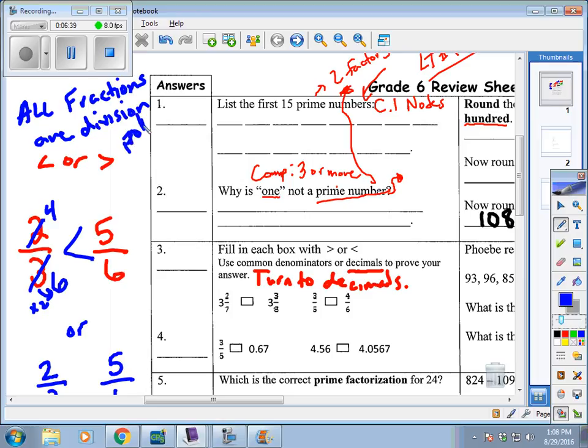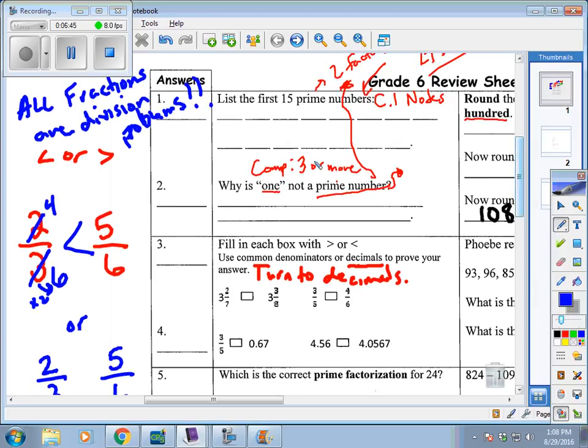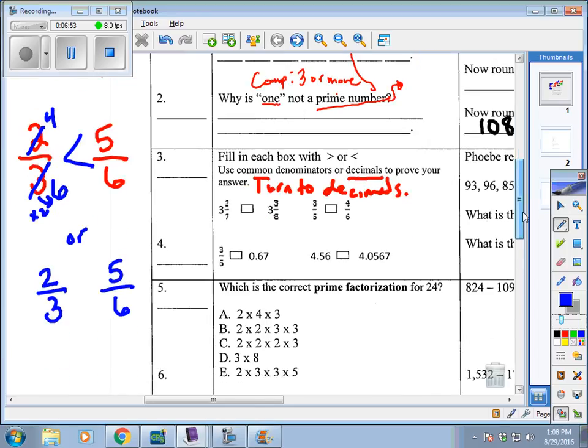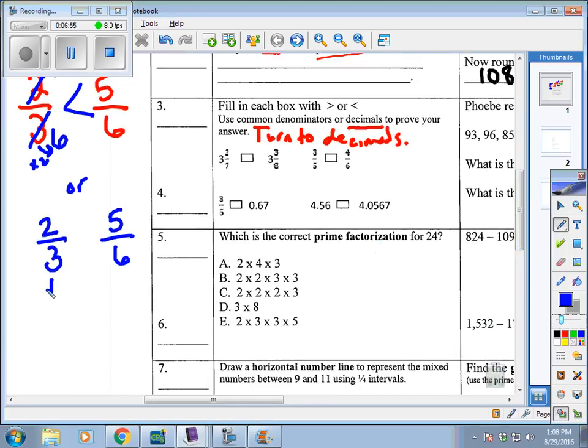Learn it, get it prepared, because in class I'm going to start this sentence and I want you to finish it: all fractions are what? And hopefully all of you say division problems. So what that means is, in order to turn this into a decimal, you're going to do 2 divided by 3 and 5 divided by 6.